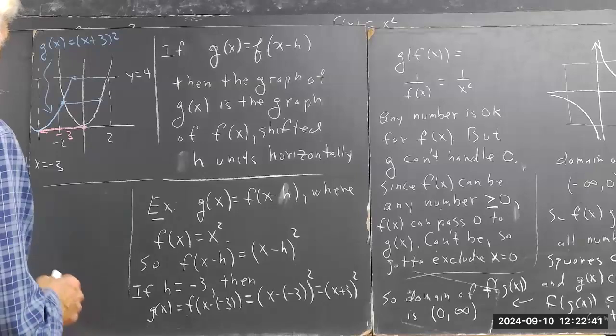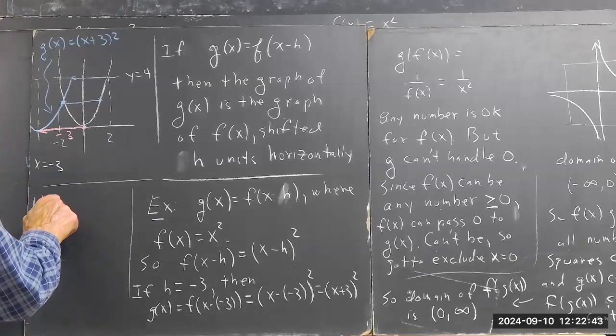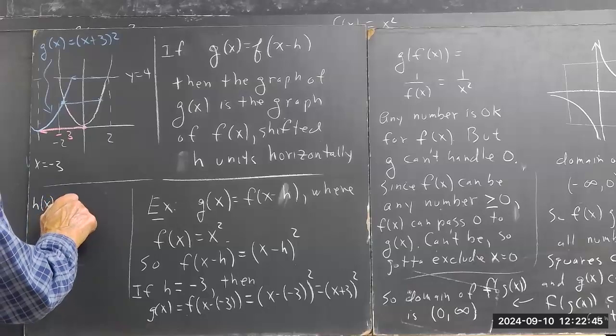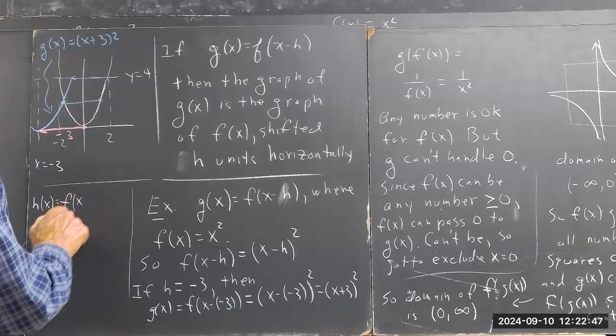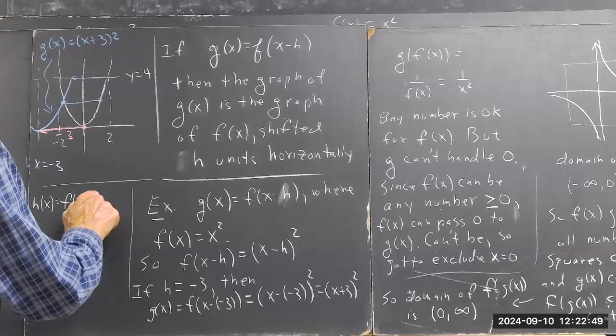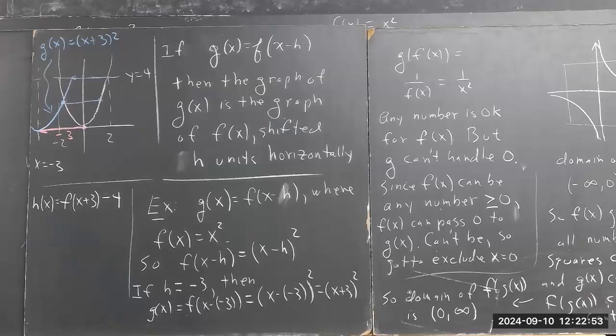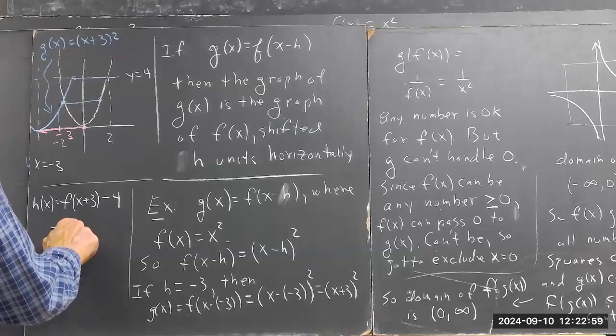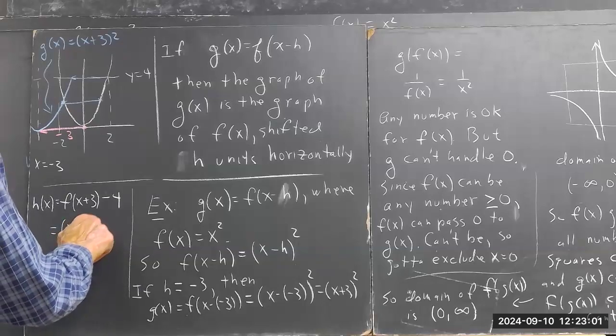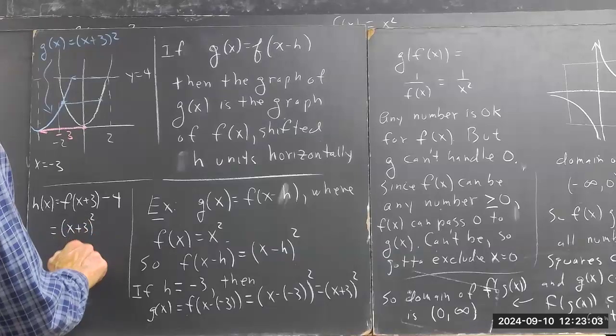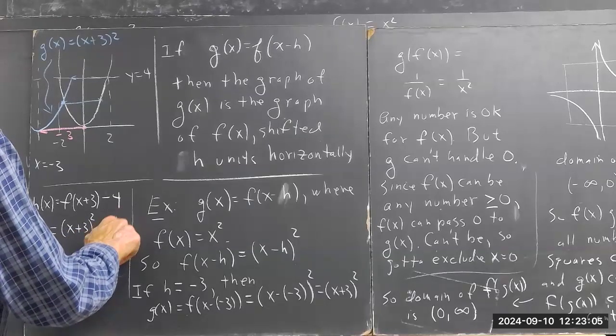One other thing you can do, let's say h of x is f of x plus 3 minus 4. Well, f of x plus 3 is x plus 3 squared minus 4.